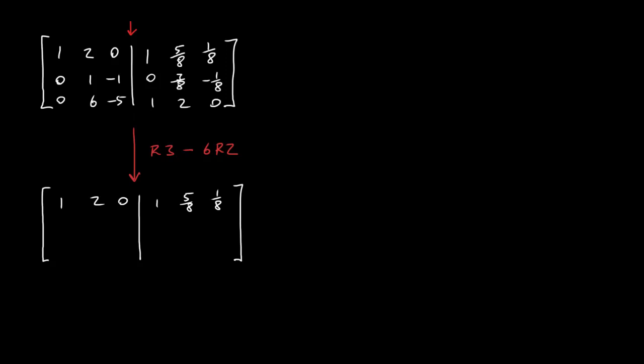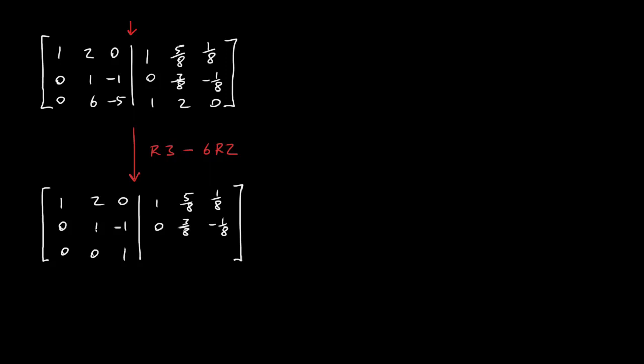The second row is also going to remain the same, so I've got 0, 1, minus 1, 0, 3 eighths, and minus 1 eighth. Now I've got to get 6 times row 2, and subtract it from row 3. So that will give me 0, 0, 1.